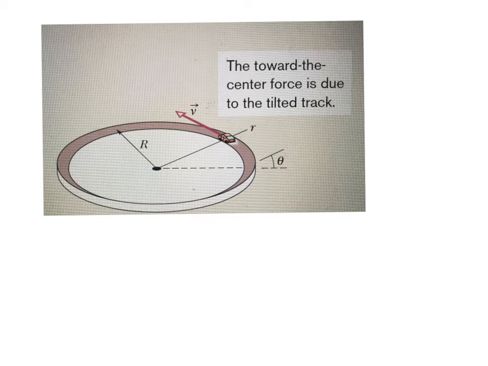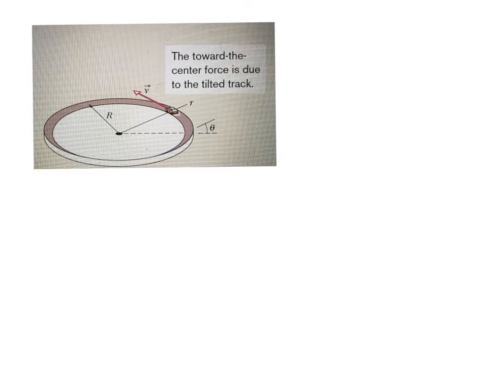Okay, let me just zoom out real quick so we can see this a bit better. It says here that this figure represents a car of mass m that moves at a constant speed of 20 meters per second around a banked circular track with a radius of 190 meters.